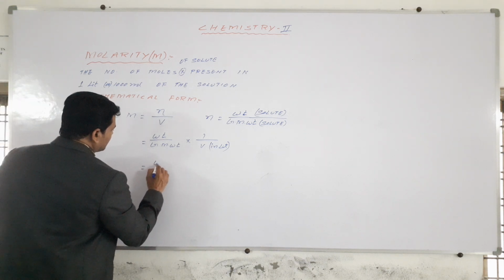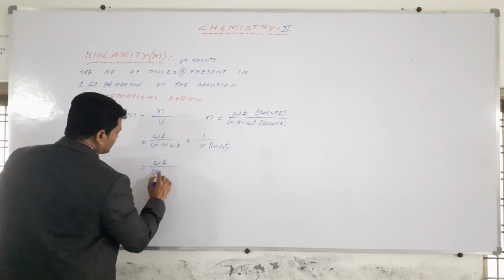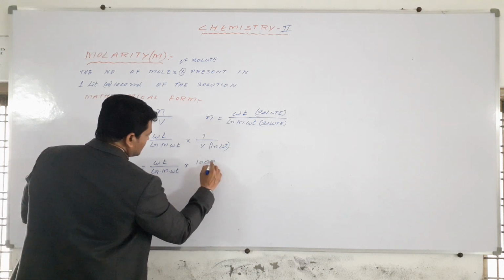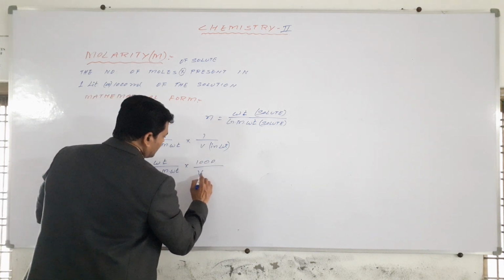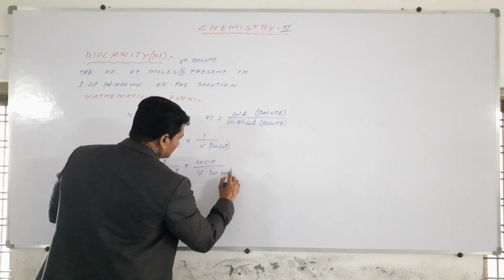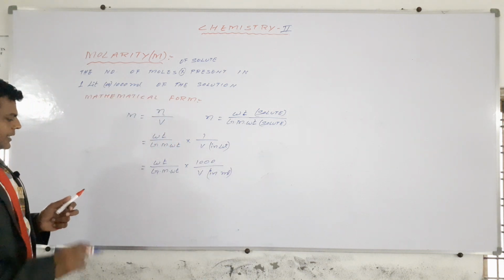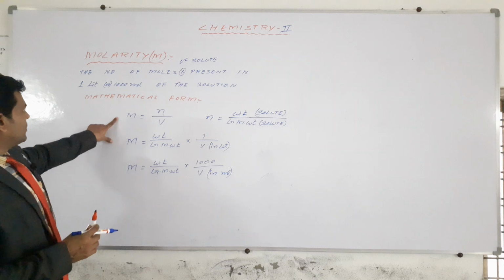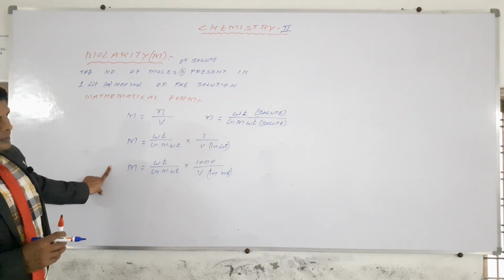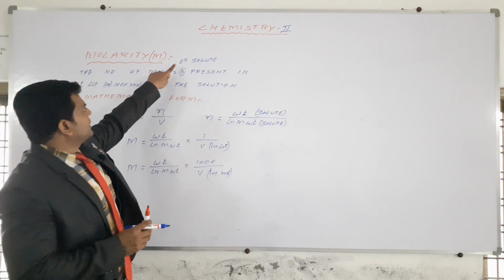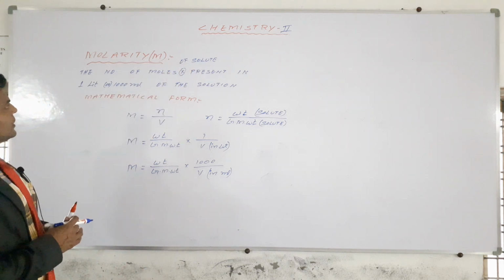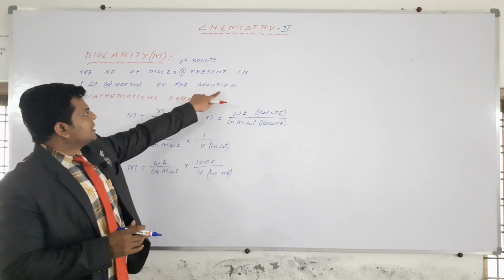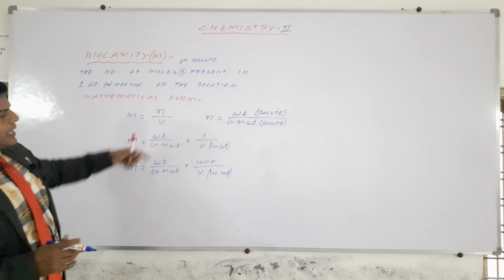So this is equal to weight by gram molecular weight into 1000 by V in milliliters. This is nothing but molarity. Molarity means the number of moles of solute present in 1 liter of the solution is called molarity.